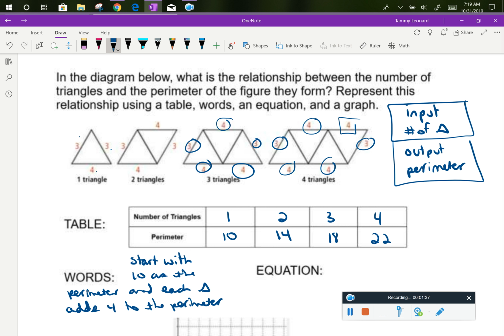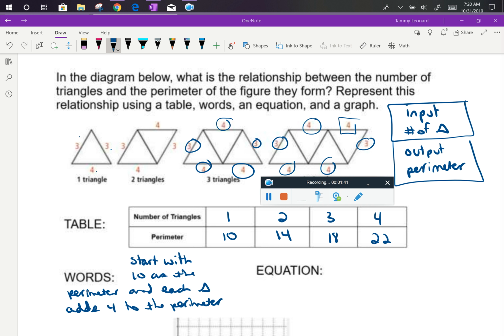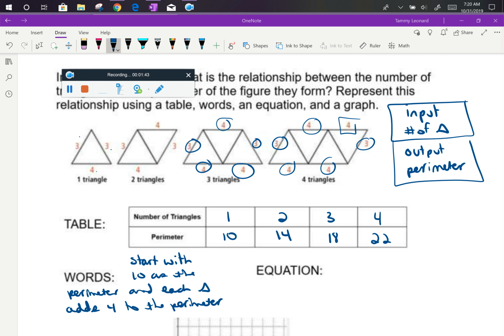But when we get to an equation, we have to think about this. There's a few different ways we could write an equation. One way is to think about the words we just said. We could say that the perimeter equals the 10 from the first triangle plus, now for each additional triangle, we're getting 4 more. So it's going to be 4 times something.